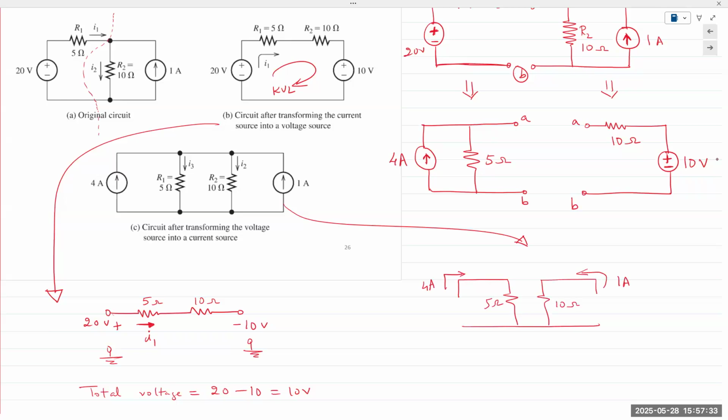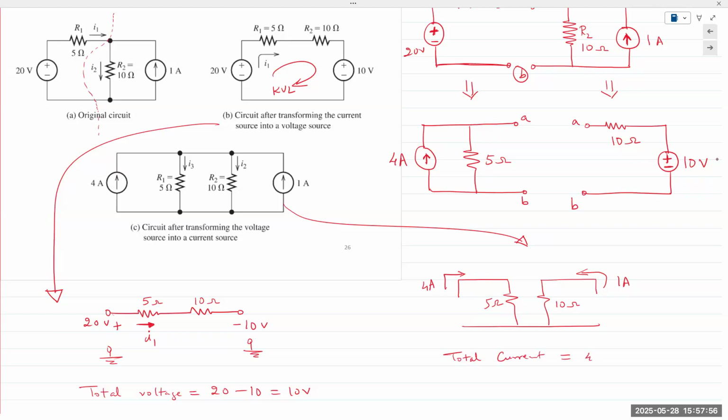If the 5 and the 10 ohm resistors were one single resistance, which of course they are in parallel, what is the total current going into that resistance? We can apply KCL.